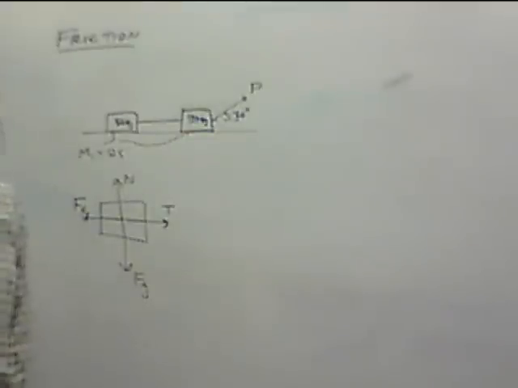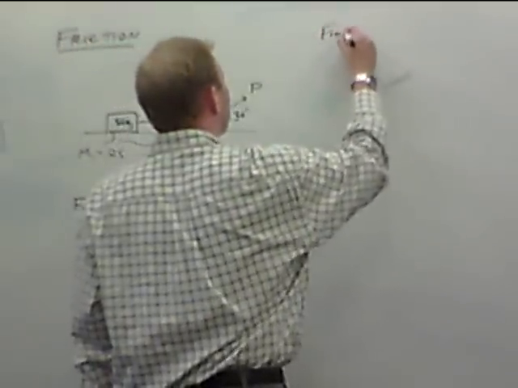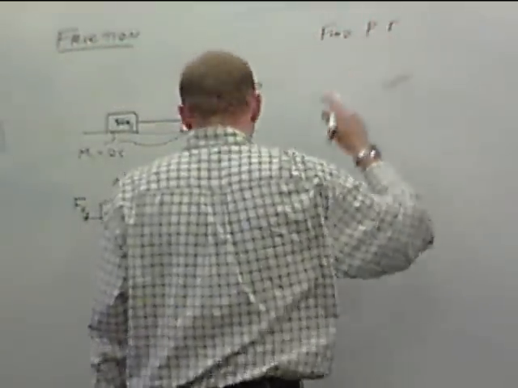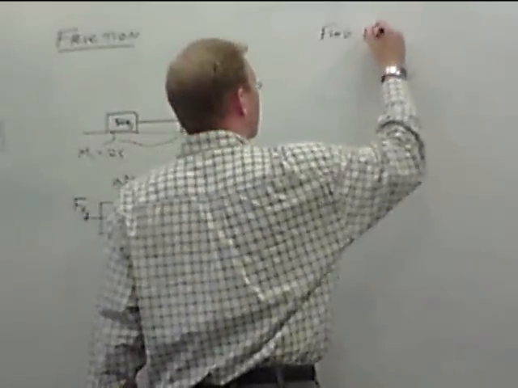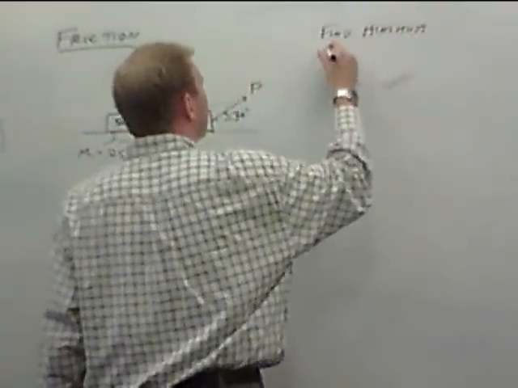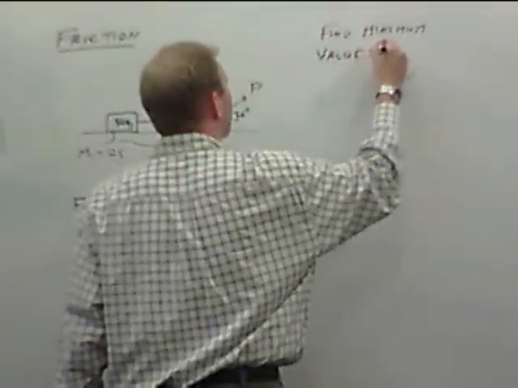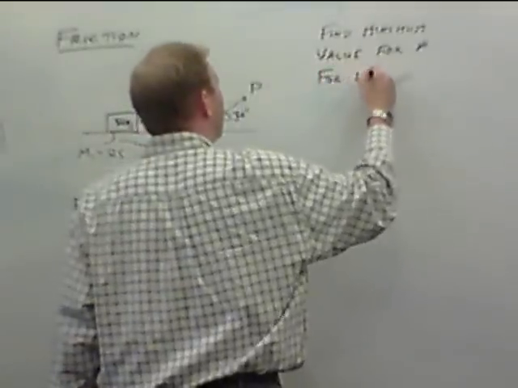I'm going to phrase this very carefully here. This is going to be: find the minimum value of P for impending motion.